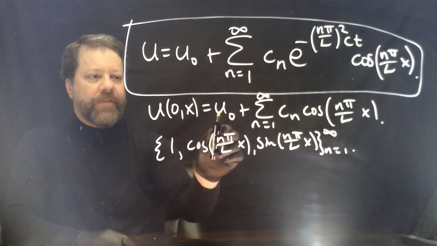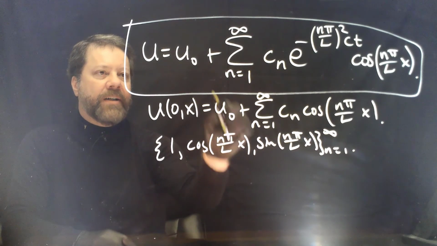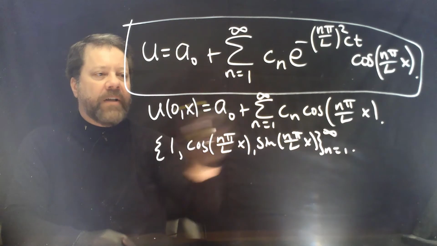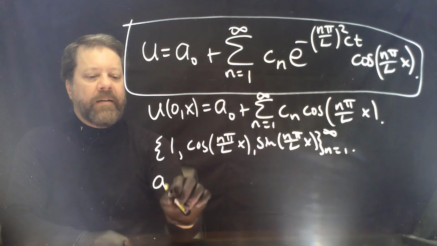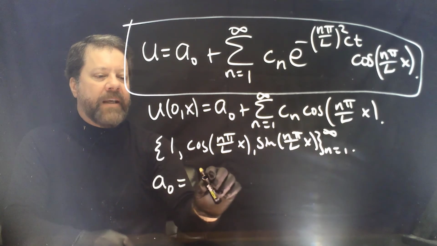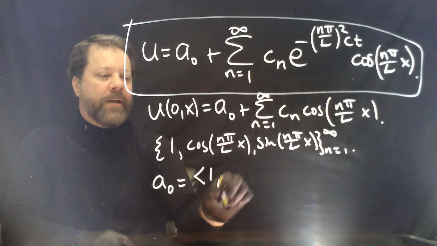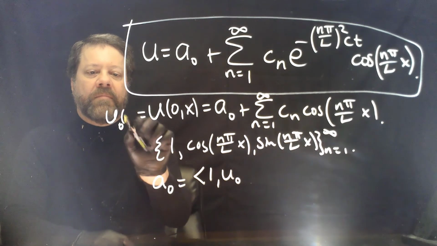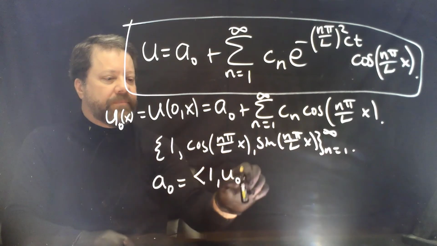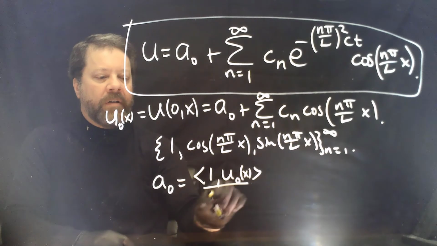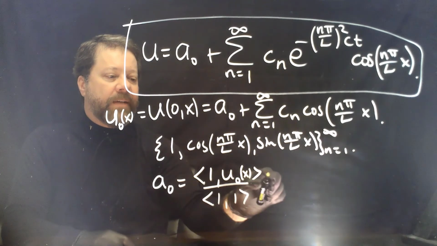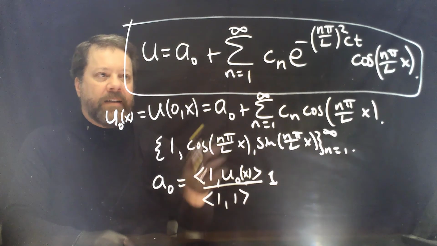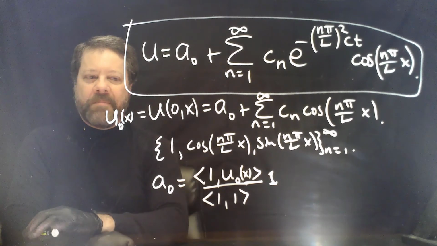So the coefficient, this u naught here, or a naught, I guess we called it, a naught should be the inner product of 1 with the initial data over the inner product of 1 with 1 times 1. That should give you that first term.